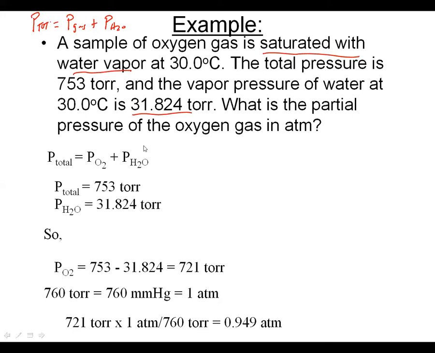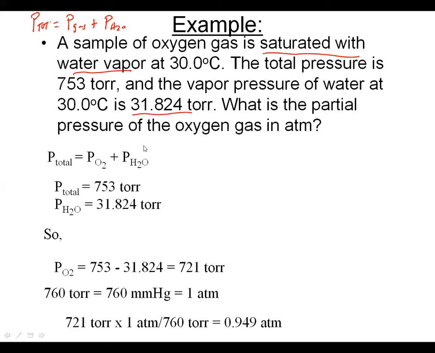So again, when you see this, it's a partial pressure problem, and it usually occurs anytime the procedure involves collecting a gas where water is involved. In a book problem, you want to look for keywords like saturated with water vapor or collected over water, something to do with water, which tells you that you usually have to do this subtraction part.